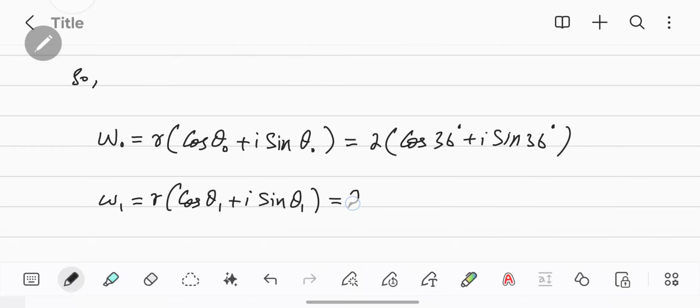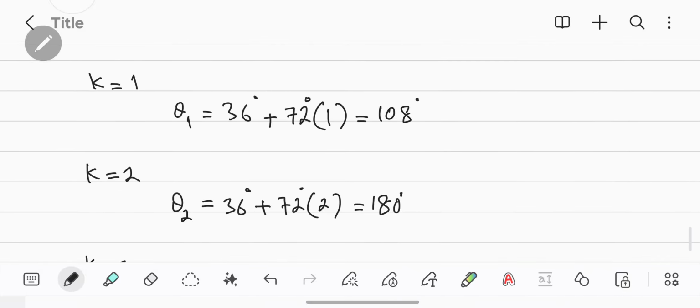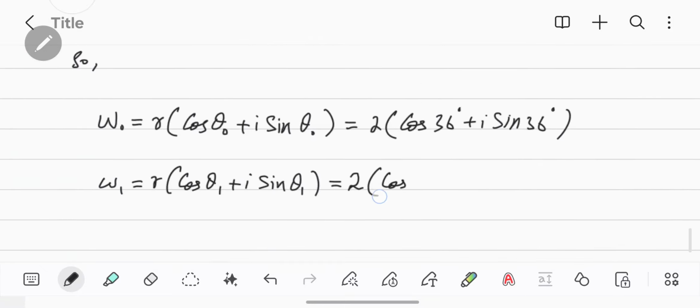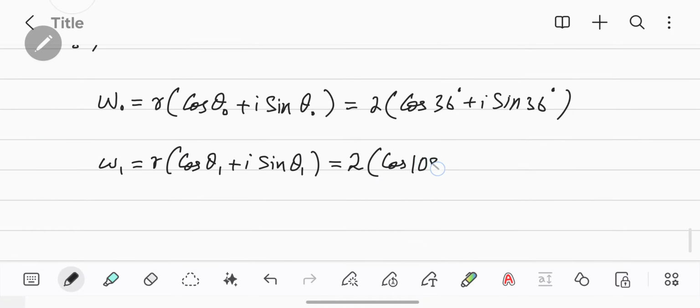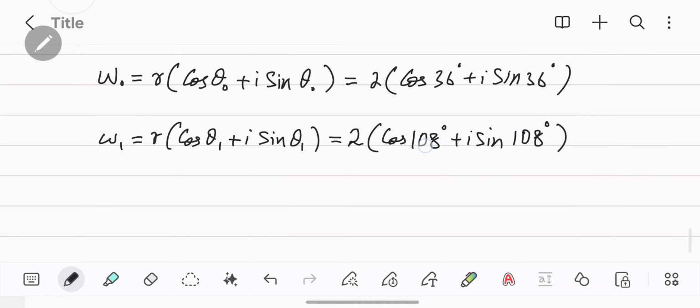Since r is equal to 2, theta 1 is 108 from here, so I will write cosine 108 plus i sine of 108.